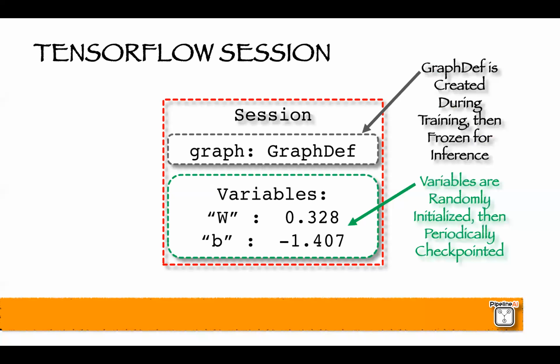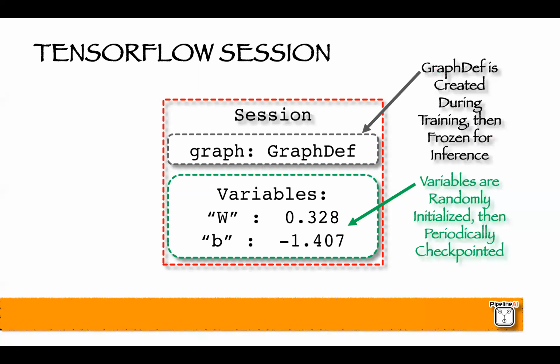Separately, inside of your session are stored these variables, and in a distributed context, these variables actually end up on a large cluster because we're learning millions of variables, right? These weights can't fit onto a single machine. It's beyond 4 terabytes or whatever the biggest nodes are now within Amazon.